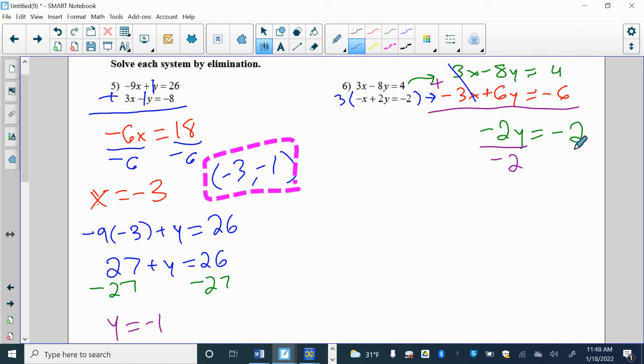Divide by negative 2. So then we get y equals positive 1. Now we can go back to either of the original equations and put in 1 for y. So maybe we pick the top one. 3x minus 8 times 1 equals 4.